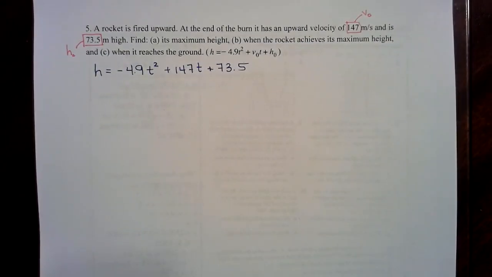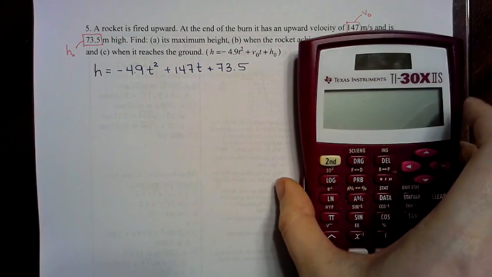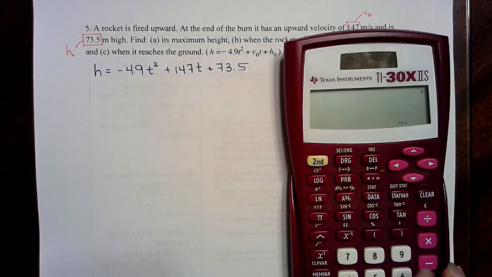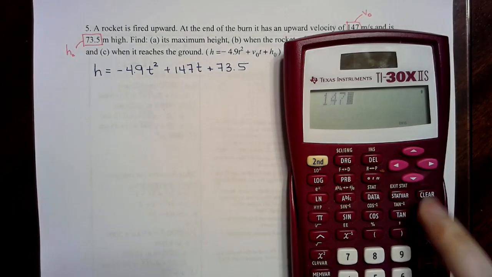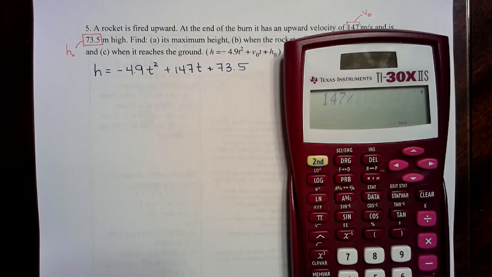And my hope here, it's not going to always work out, but my hope is that maybe 147 and 73.5 are divisible evenly by 4.9, because then my formula will be much simpler. So let's try it. 147 divided by 4.9. Yep, that comes out nice and evenly.